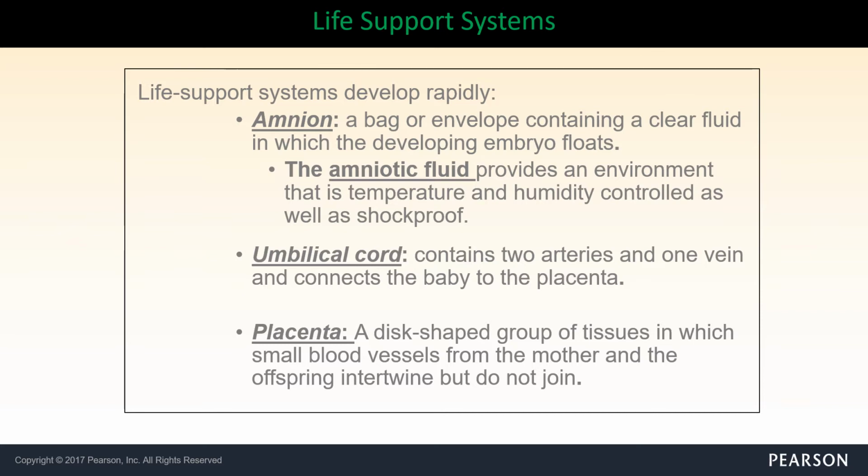And the placenta is a disc-shaped group of tissues in which small blood vessels from the mother and the offspring intertwine but do not join. And remember, in the photo we looked at earlier, the placenta was in the upper part of the uterus.